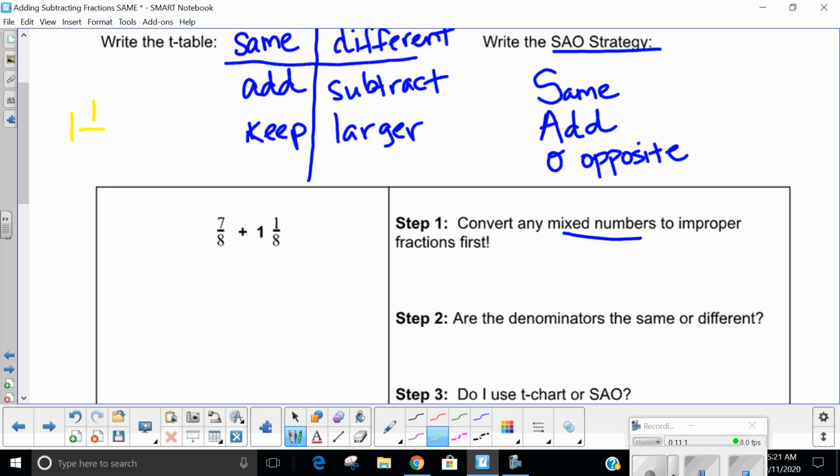We can say 1 and 1/8, and we take the bottom number times the front number, and then we add the top number. So 8 times 1 is 8, 8 plus 1 is 9, so this is equal to 9/8.